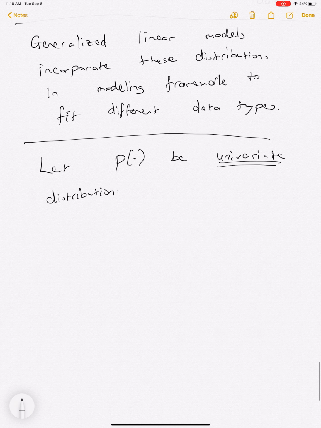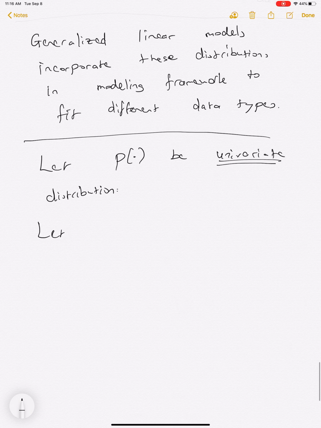And then we're going to let yi be distributed according to this distribution, and then we're going to look at each of these features. So we're going to say x of i, j, and then multiply them by bj.